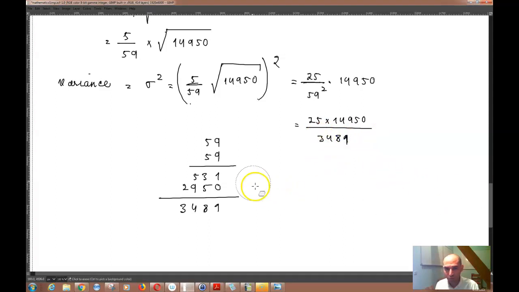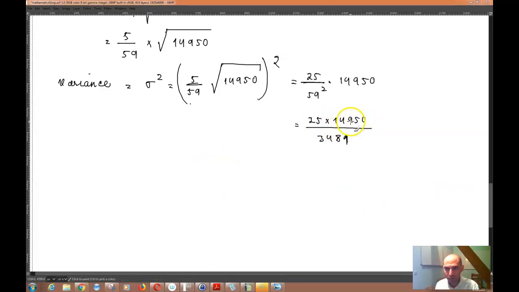Next, you need to multiply these two numbers. So 1495 times 25, and you have a 0 there as well.